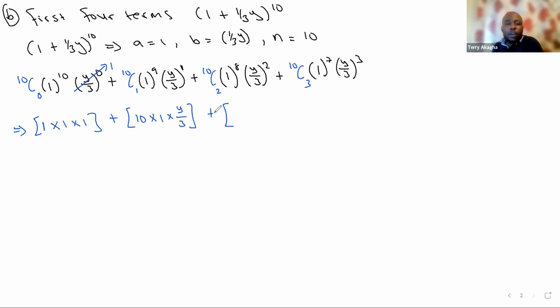When you solve 10 combination 2 on your calculator, it should give you 45 times 1 times y squared over 9. Plus 10 combination 3 should give you 120 times 1 times y cubed over 27.